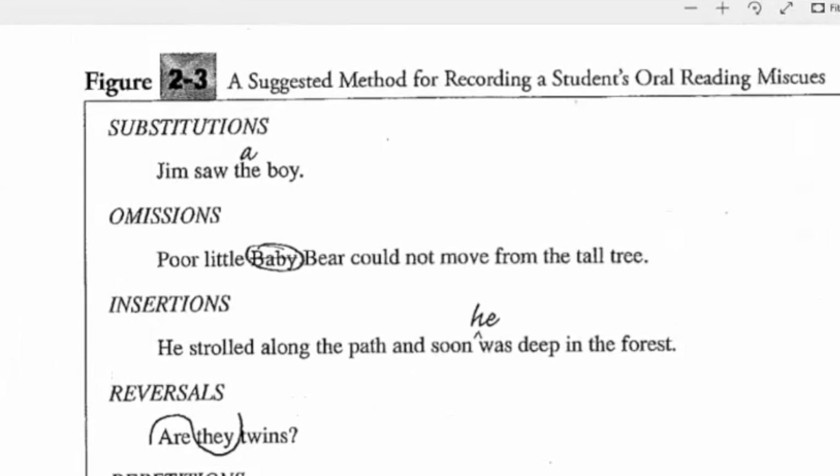And so what we do is we write the word that they say just above the word, and we call that a substitution. So in the example here, it says Jim saw the boy, but the child said Jim saw a boy, so they just wrote the word a above the to show that they substituted that word.